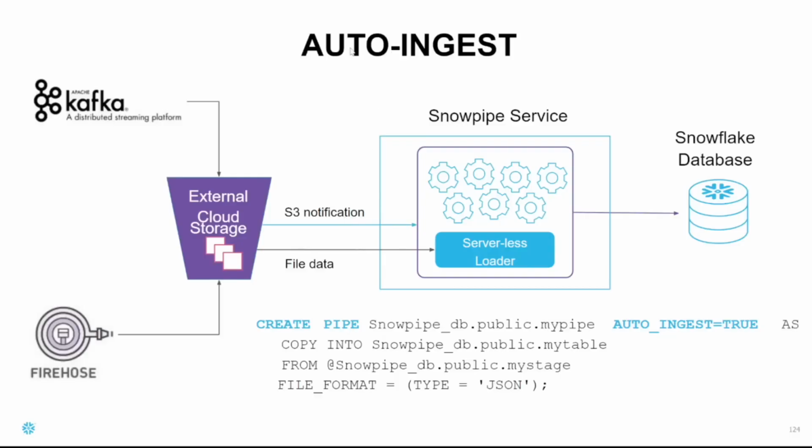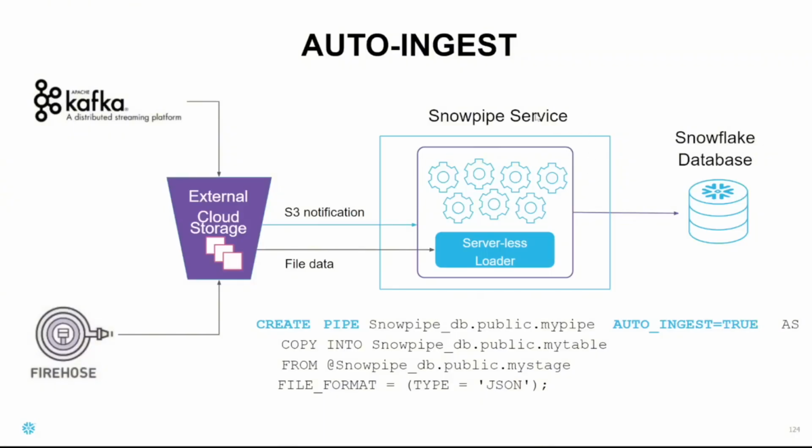But if you want to do a continuous ingestion, you have to use the option of auto ingest. Auto ingest is going to help you load the data from different streaming platforms such as Kafka or Kinesis Data Firehose. If you have data coming from these and landing into your external cloud storage such as S3 in AWS, then S3 is going to send a notification whenever a new file comes into this cloud storage.